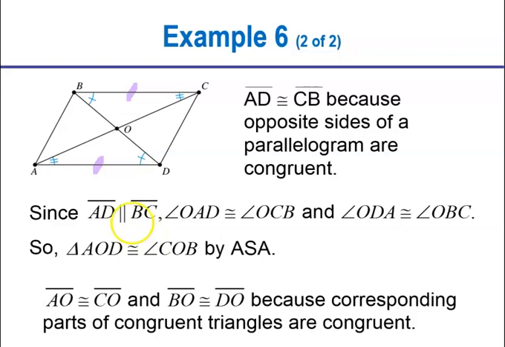Okay, follow me here. Then angle OAD. Let's find OAD. So angle OAD, okay, they've already got a mark there, here, is congruent to OCB. So OCB, this guy right here. Now notice they already have that marked. Why are they congruent? Because it just says since AD is parallel to BC, then angle OAD is congruent to OCB.